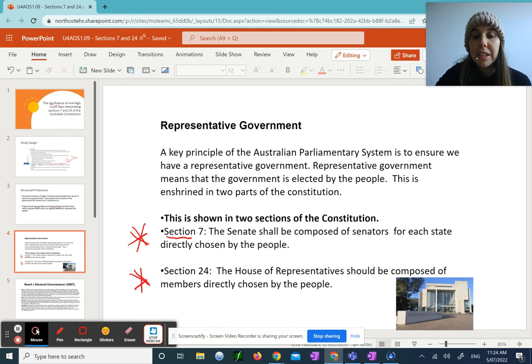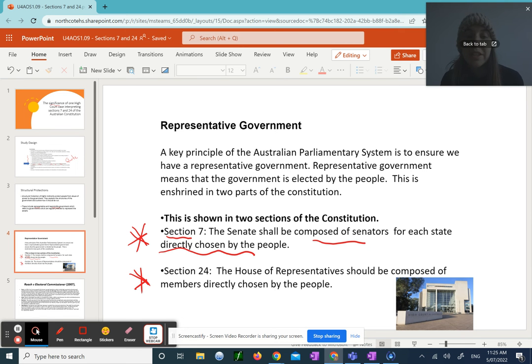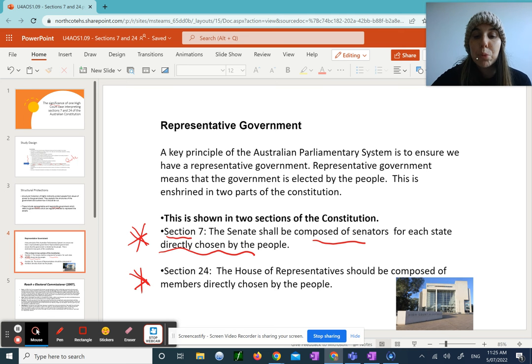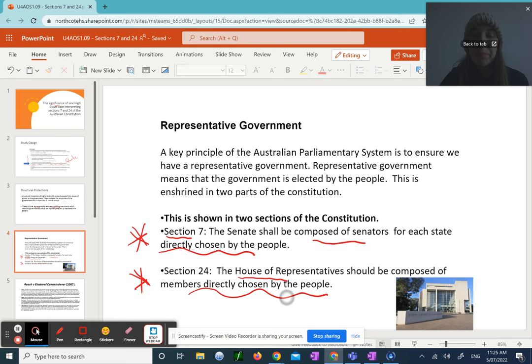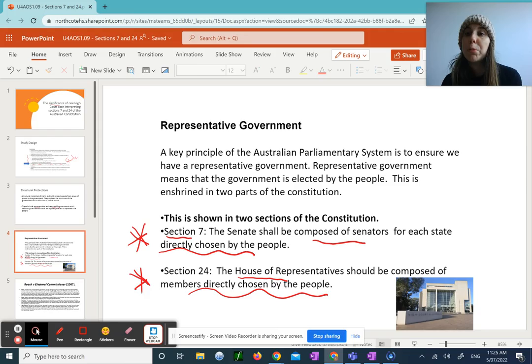The Senate shall be directly composed of senators for each state and directly chosen by the people. The second section is Section 24, which says the House of Representatives should be composed of members directly chosen by the people. Okay, so these two sections directly outline representative government for Commonwealth Parliaments only. So we're only looking at Commonwealth Parliament.